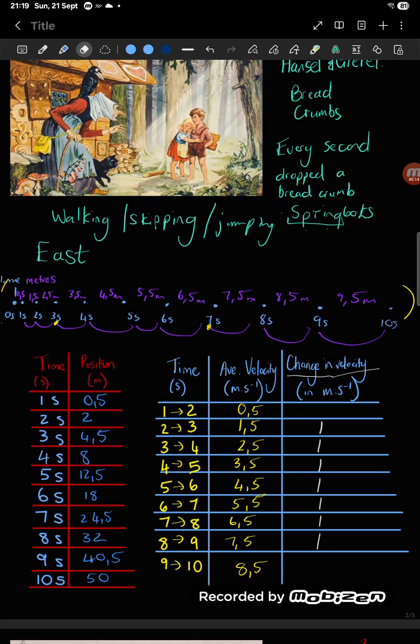So they're changing all the time by 1 meter per second, by 1 meter per second. So what is the acceleration? The acceleration is 1 meter per second squared east. And that's the change.